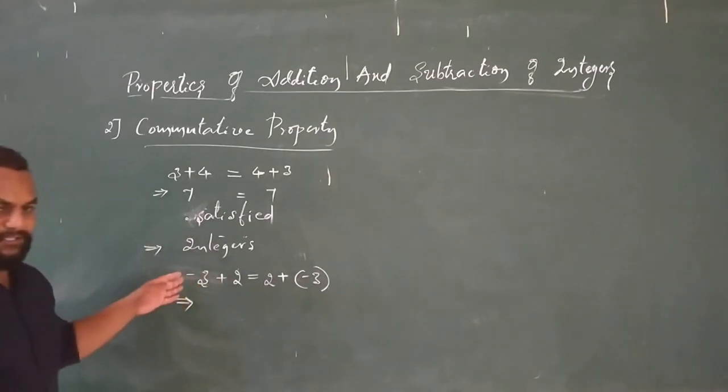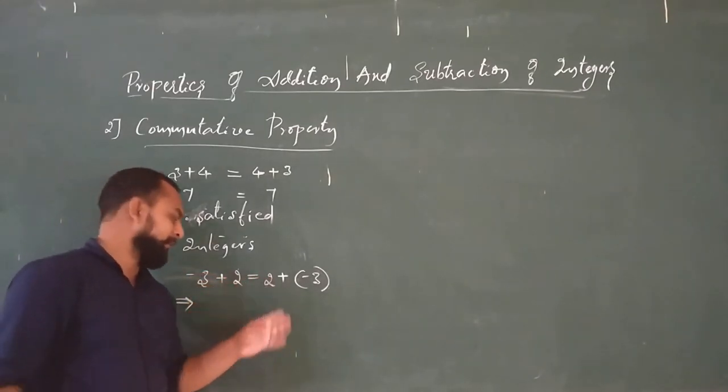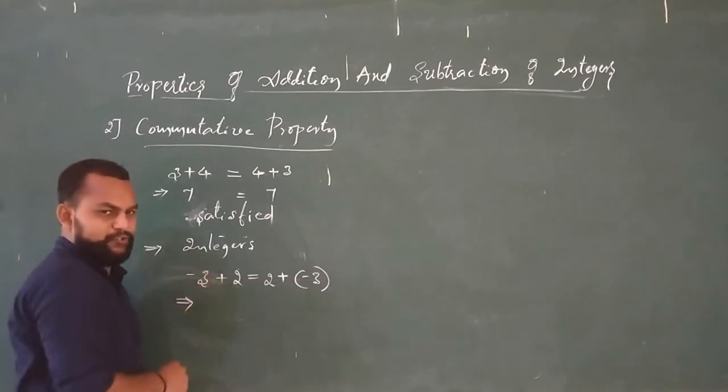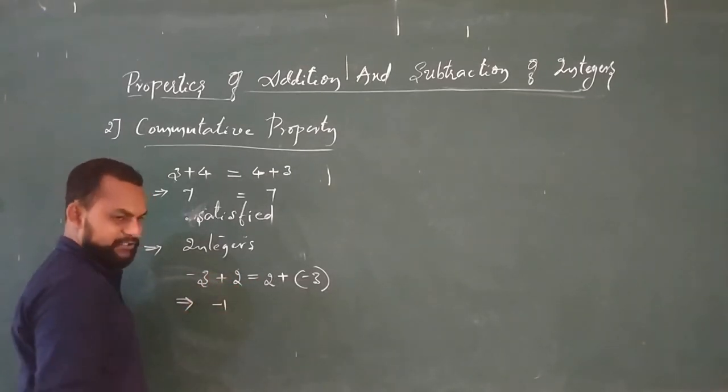These two, minus 3 and plus 2, are integers. Then minus 3 plus 2 is minus 1.